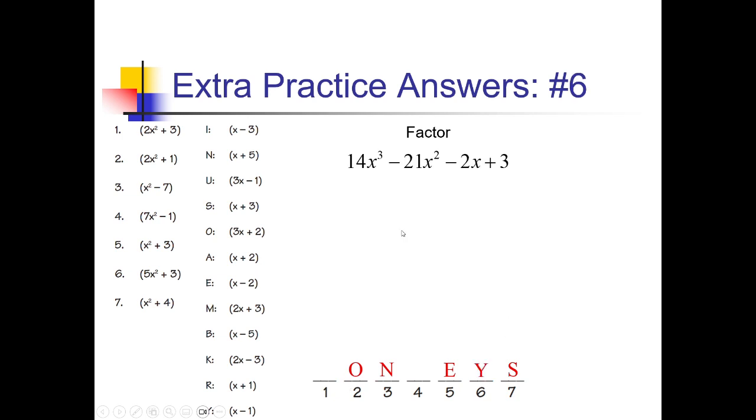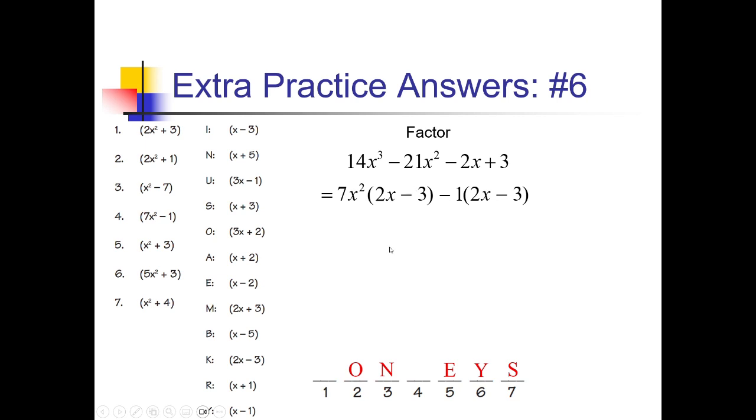Using some grouping on this next one, I can take a 7 and an x squared out of those first 2 terms. 14x cubed divided by 7x squared, it'll be 2x. And then 21 divided by 7 is 3, so negative 3 and then the x squareds cancel there. For the next two terms, my third term's negative, so I'm going to take out a negative, and I can't really take out anything else, so I'm taking out a -1 then, leaving me with 2x and -3.